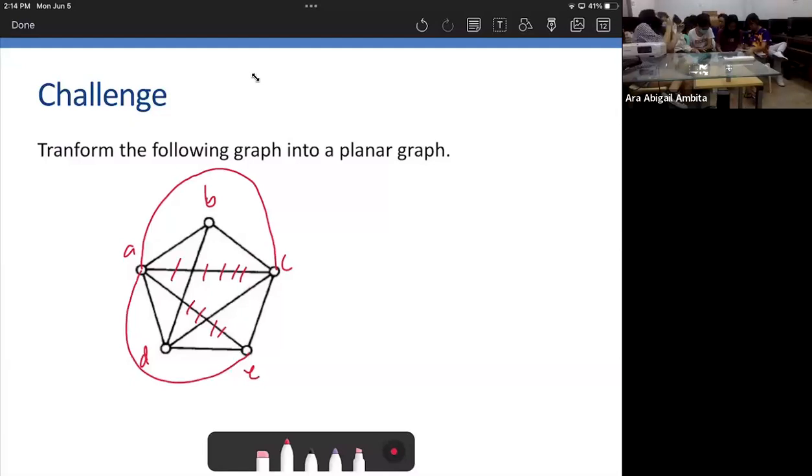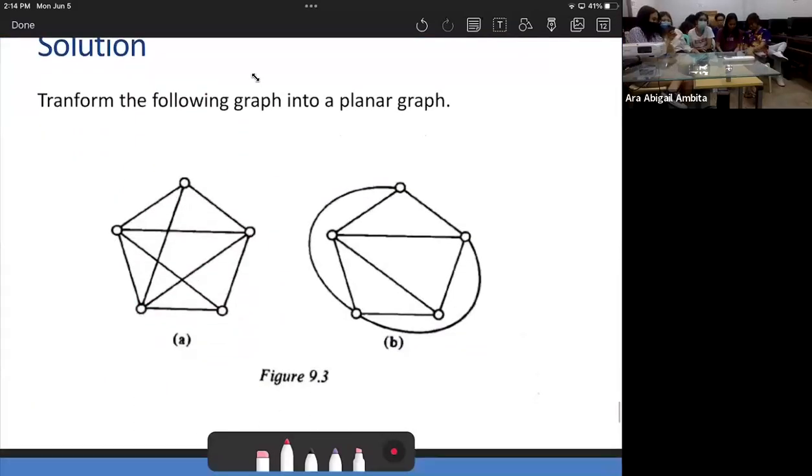So now there are no intersecting edges. Okay? As I said, there will be a lot of different answers. So if you make a mistake in checking, you can ask me, ma'am, for the answers to that.